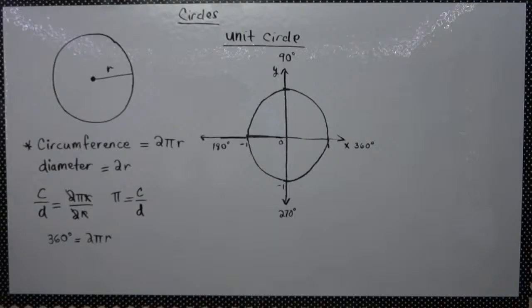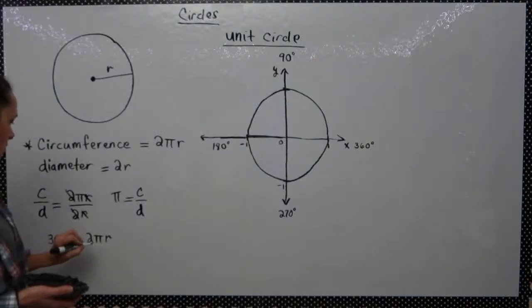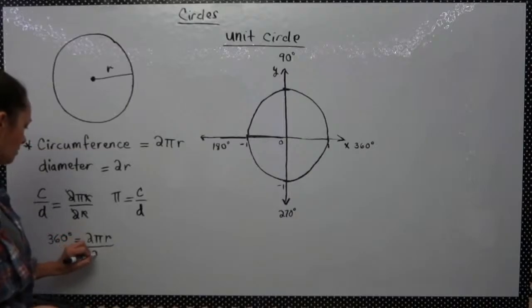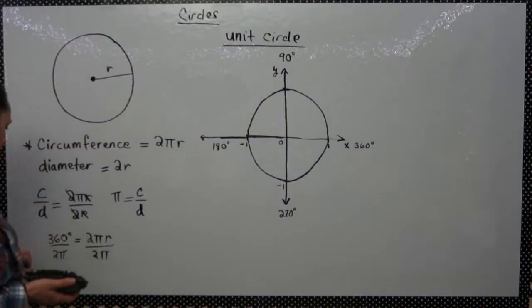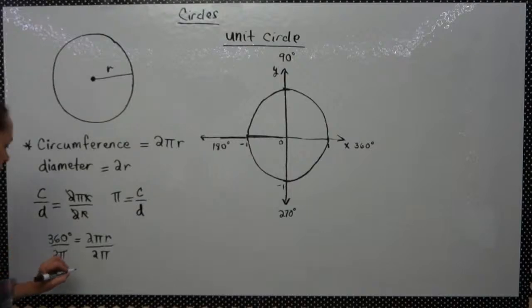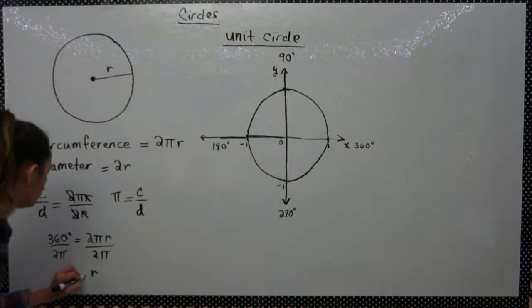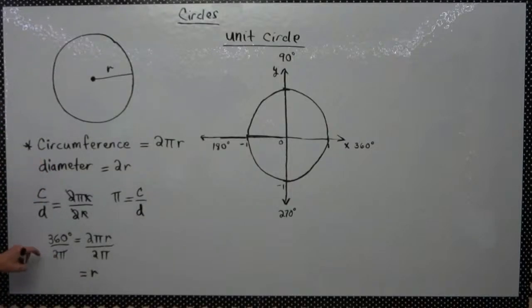So you have a circumference equals 2 pi r, and you have 360 degrees in a circle. So then if you solve this for r, dividing off the 2 pi from both sides, you get r equals 360 divided by 2 pi, which is going to reduce down to 180 over pi.